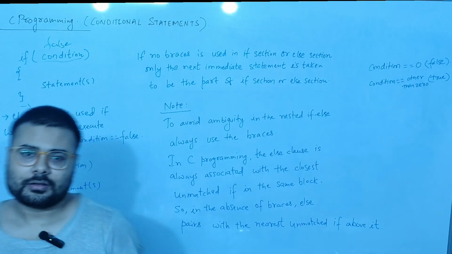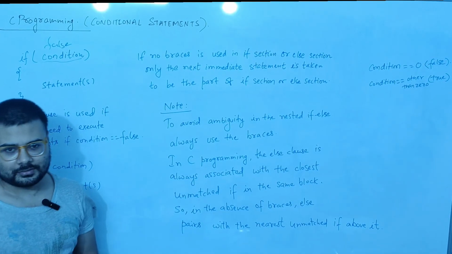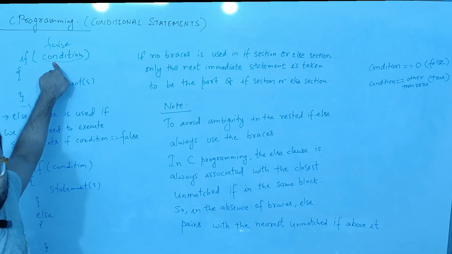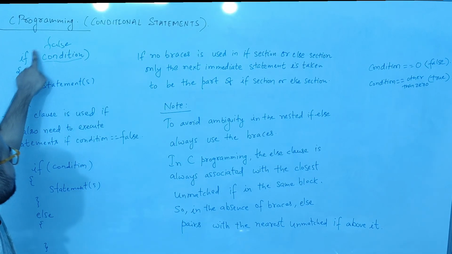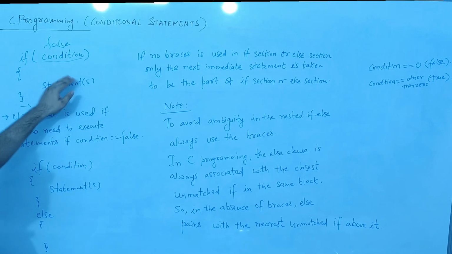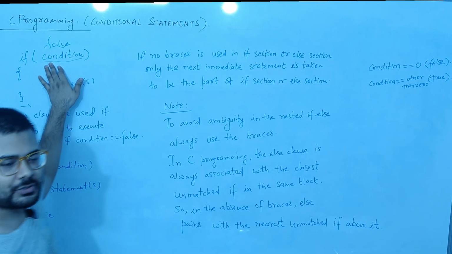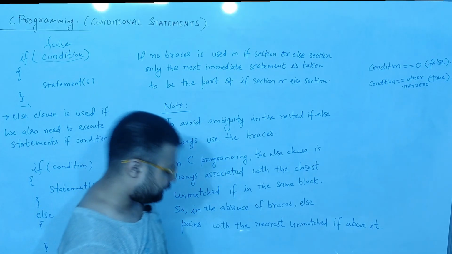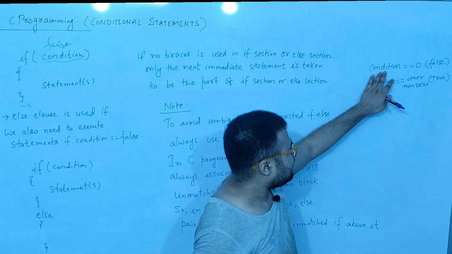Now you might think that because the condition can be true or false, whatever goes inside it must be a Boolean expression. But that's not the case. Actually, anything can go there.